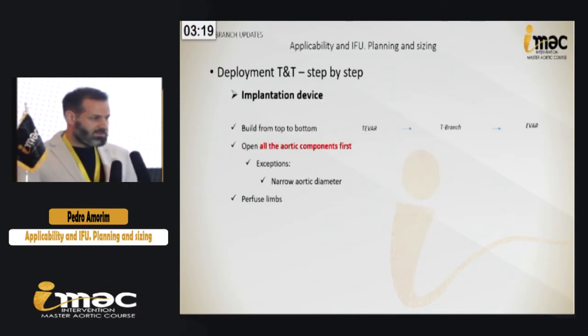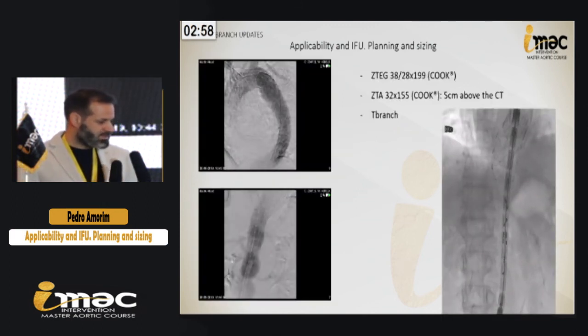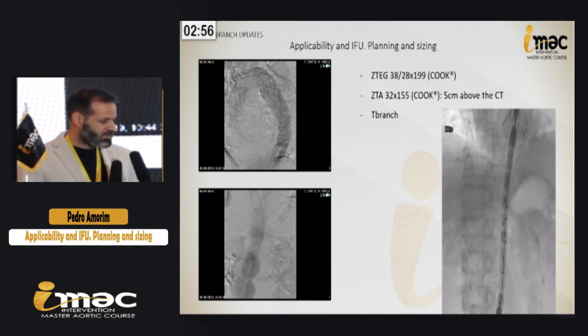The order of implantation of the devices in the aorta, we always go top to bottom: T-VAR, T-branch, E-VAR, iliacs, from top to bottom. We first cover all aortic wall and iliacs that we want, and just afterwards we will do the branches. In this case, for instance, we need to treat a little bit better the proximal area. We came from the subclavian almost.